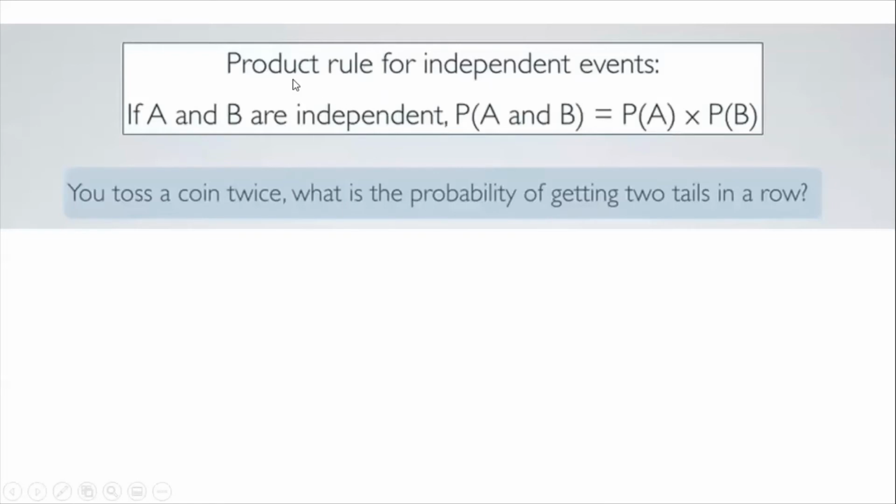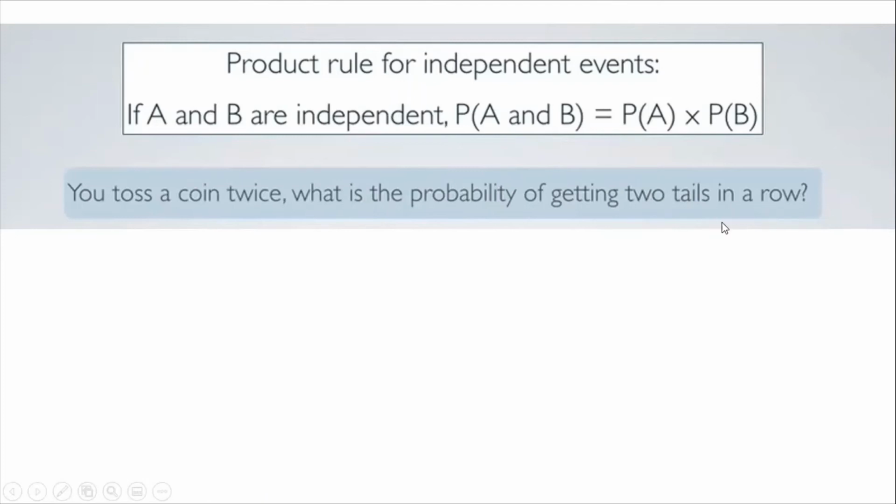Okay, next we're going to talk about the product rule for independent events. We now know how to check whether two events are independent or not. If A and B are independent, we use this one: the probability of A and B occurring at the same time is the probability of A multiplied by the probability of B. When you toss a coin twice, what is the probability of getting two tails in a row?